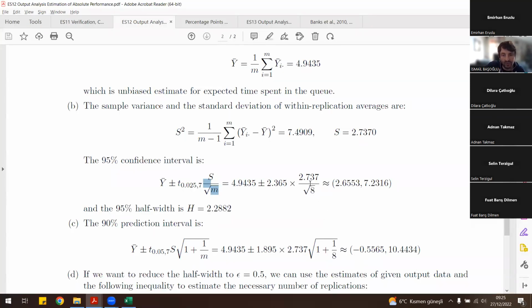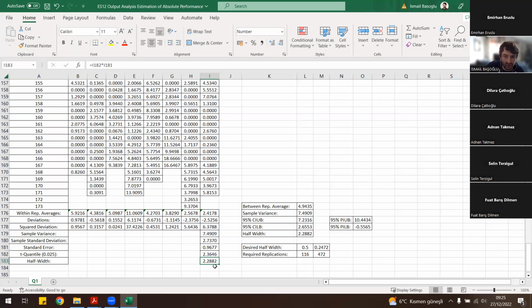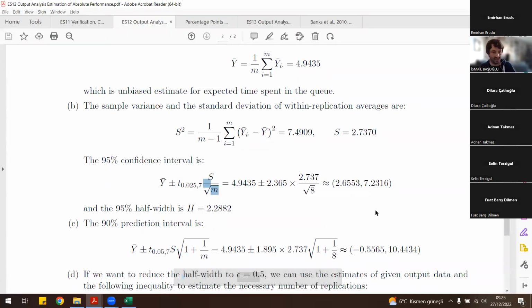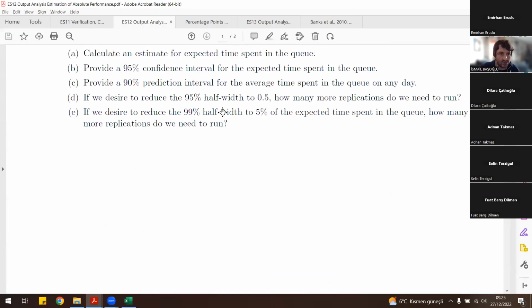So we are performing a manual calculation here to calculate the half width. Here we are using Excel, and the 95% confidence interval's upper bound and lower bound are automatically calculated here by introducing everything that we have calculated with direct formulations, and we have consistent results in Excel and also in our manual solution here. Now let's go back to our question.